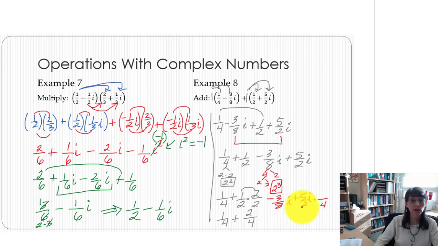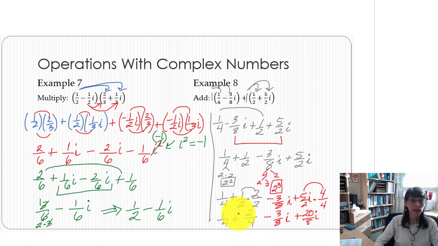So if the denominator is built up with a factor of 4, the numerator needs to be built up with a factor of 4. So the new values still have negative 3/8i, but now this numerator would be positive 20. Denominator, 2 times 4 is 8, and it's still a complex number.